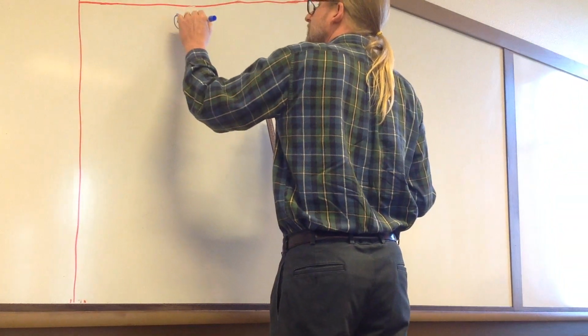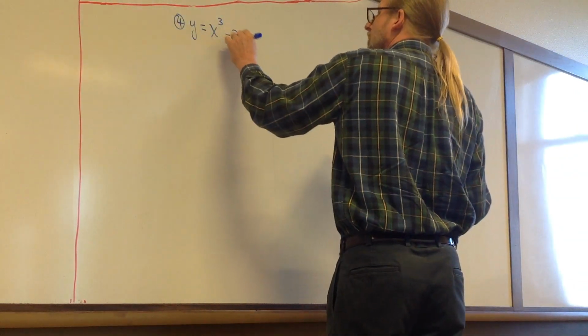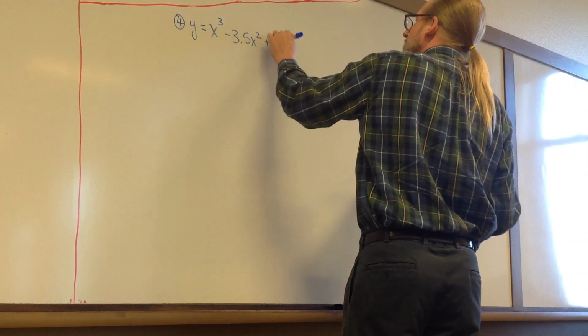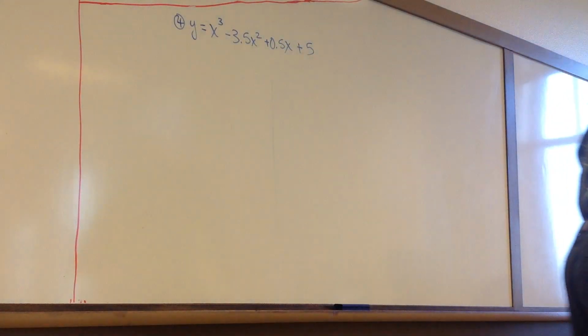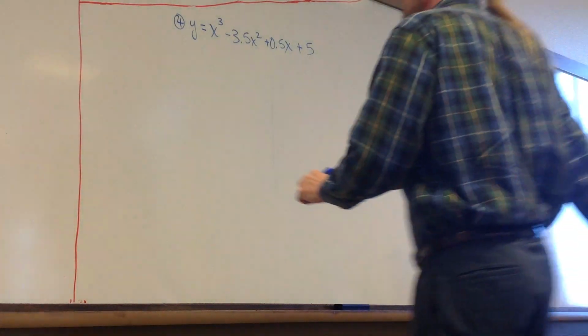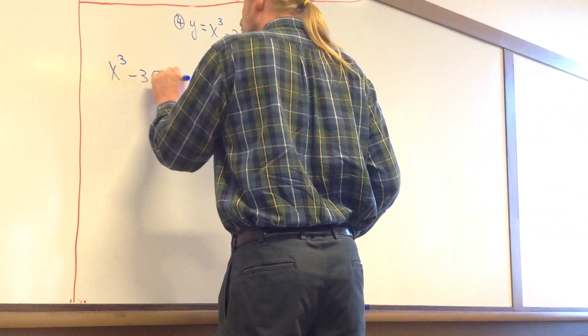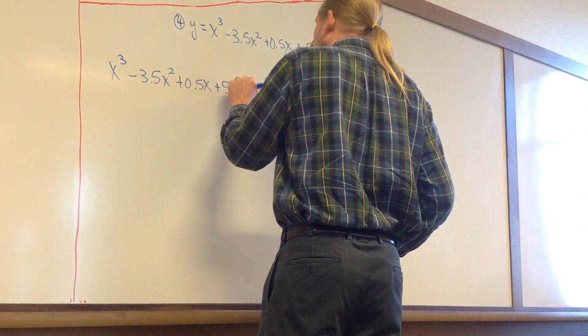Okay, so in problem 4, this is also a cubic equation. We start out with x cubed minus 3.5x squared plus 0.5x plus 5. And so the questions we're going to be answering are, where is this graph greater than or equal to 0?